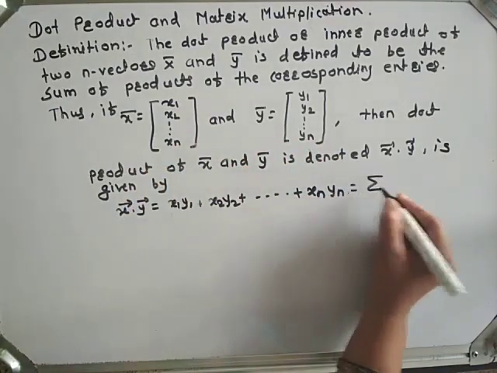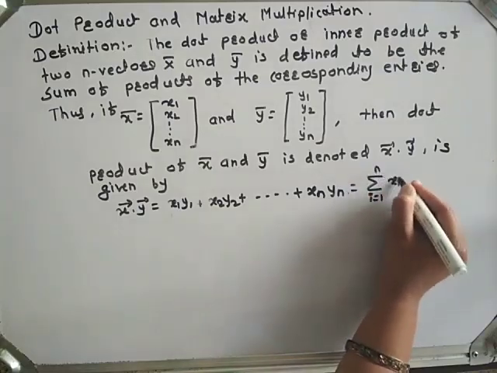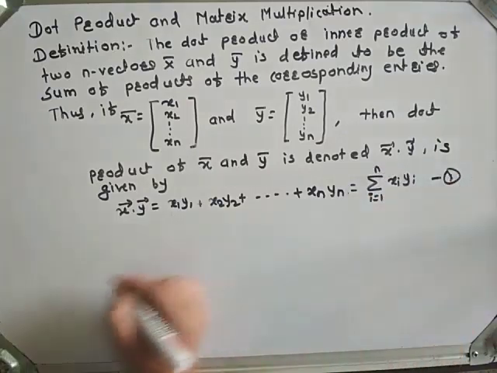This can be written as summation i runs from 1 to n of xi yi. Let us call this equation number 1.